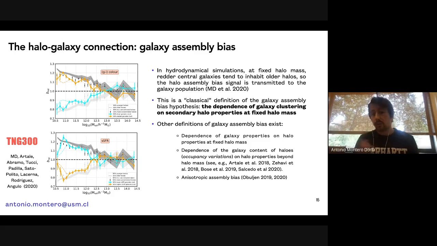So of course, since there's a connection between galaxies and halo properties, the halo assembly bias trend would manifest itself, at least from the perspective of hydrodynamical simulation, on the galaxy side.